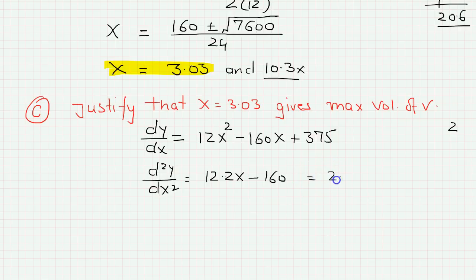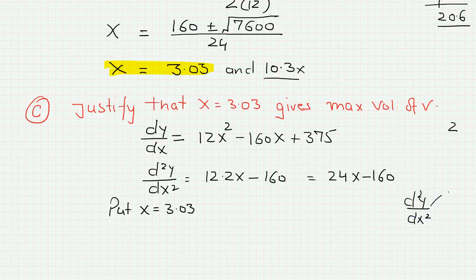So that is equal to 24x minus 160. Now put x equal to 3.03, and we check whether d2V over dx squared is greater than 0, equal to 0, or less than 0.